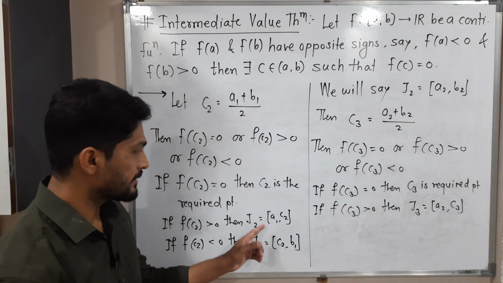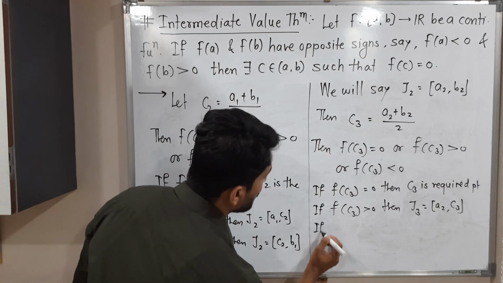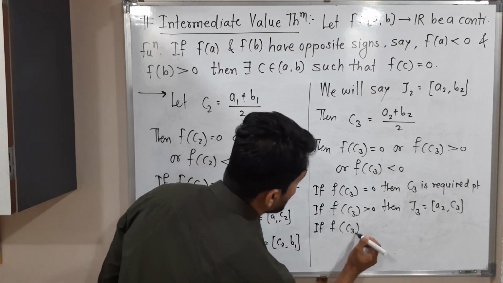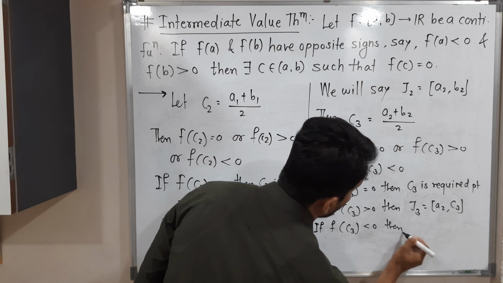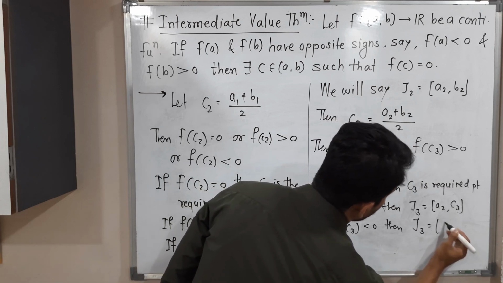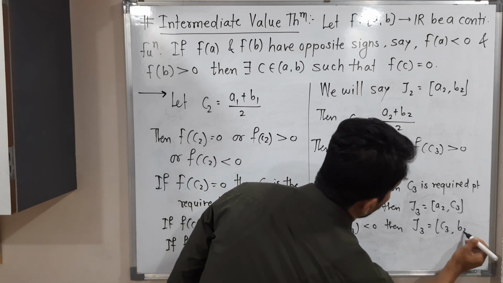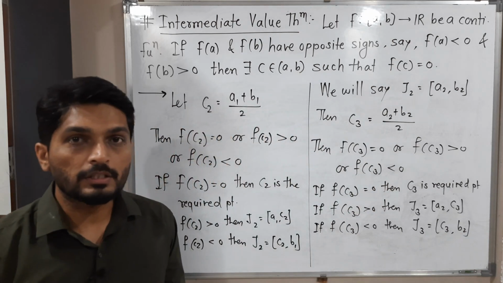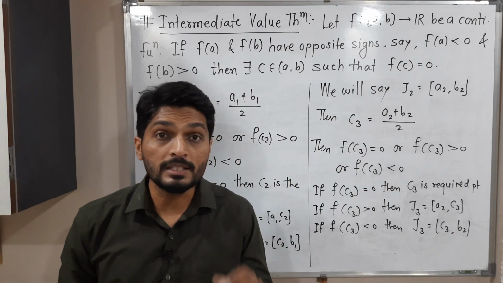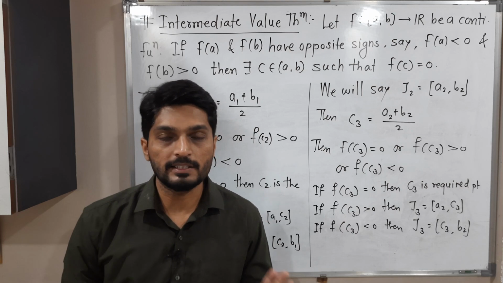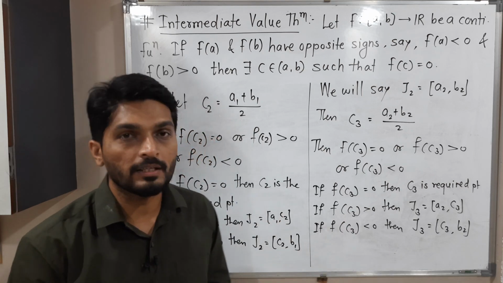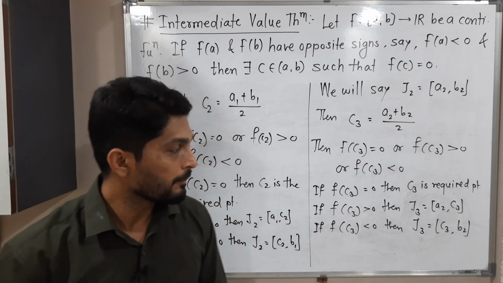If f of C3 is negative, then my J3 will be C3 comma B2. So the condition is the function should have opposite signs at the end points of the interval. This is the only condition, so that's why we are selecting Jn in this way, right?